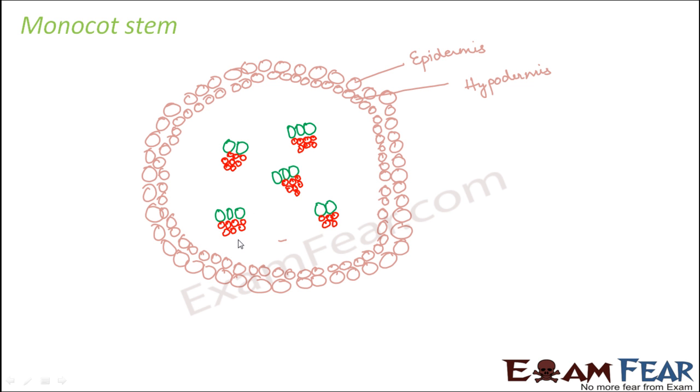The green colored are the xylem and the red ones are the phloem. So you can see each vascular bundle is present and all the vascular bundles are just scattered all around, right? Now what happens to the empty space present between the vascular bundles? This empty space is occupied by the parenchyma cells, somewhat like this.